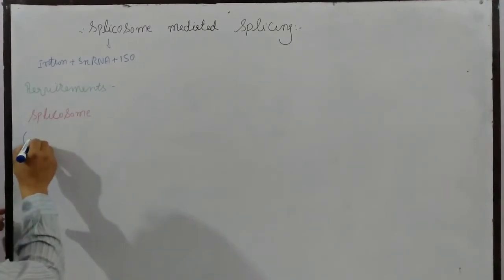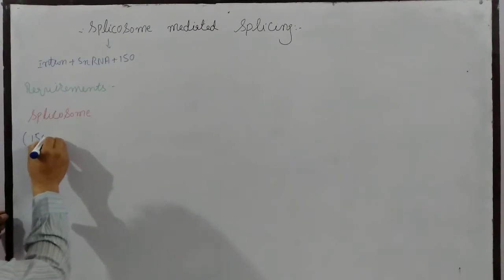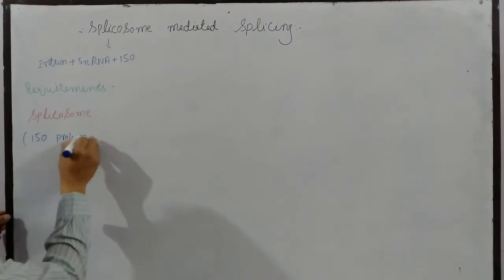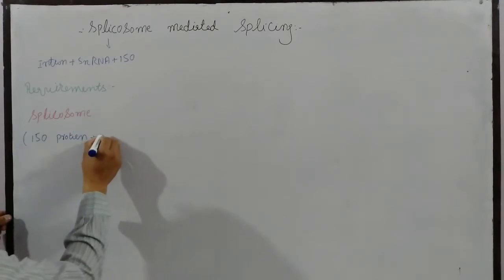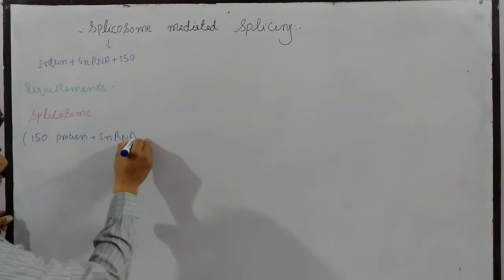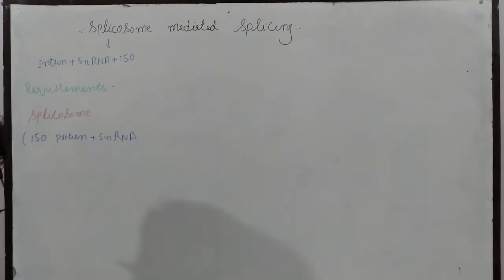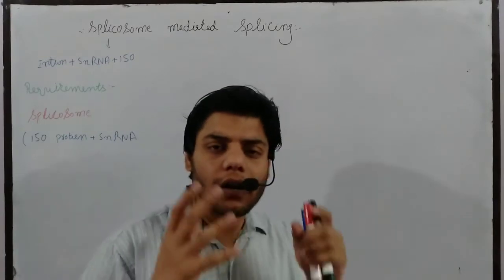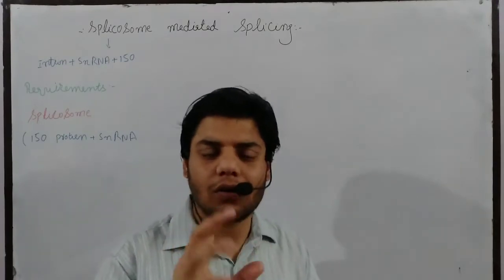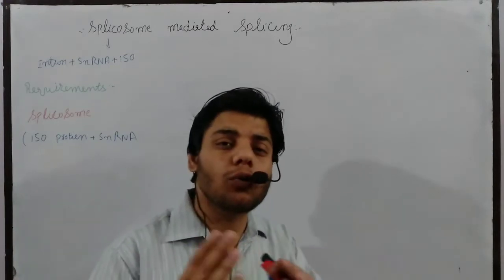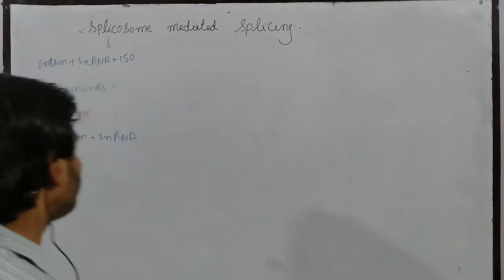We have 150 proteins, and we have snRNA. Okay, now what are snRNAs? snRNAs are small nuclear RNA sequences, which are almost 100 to 300 nucleotides long.